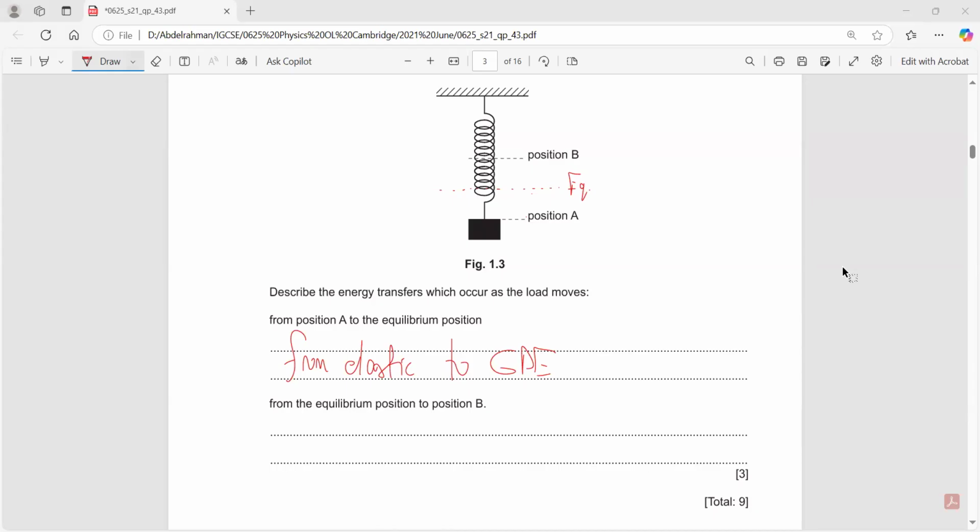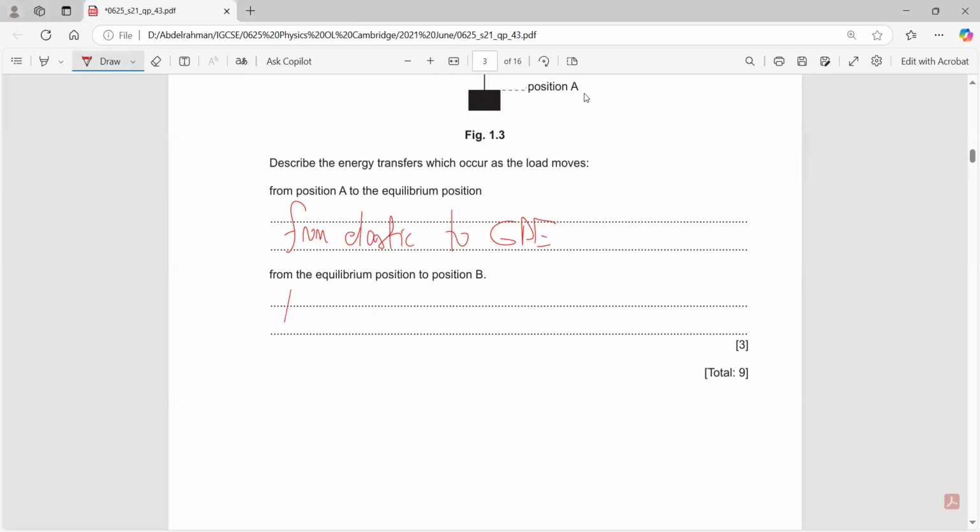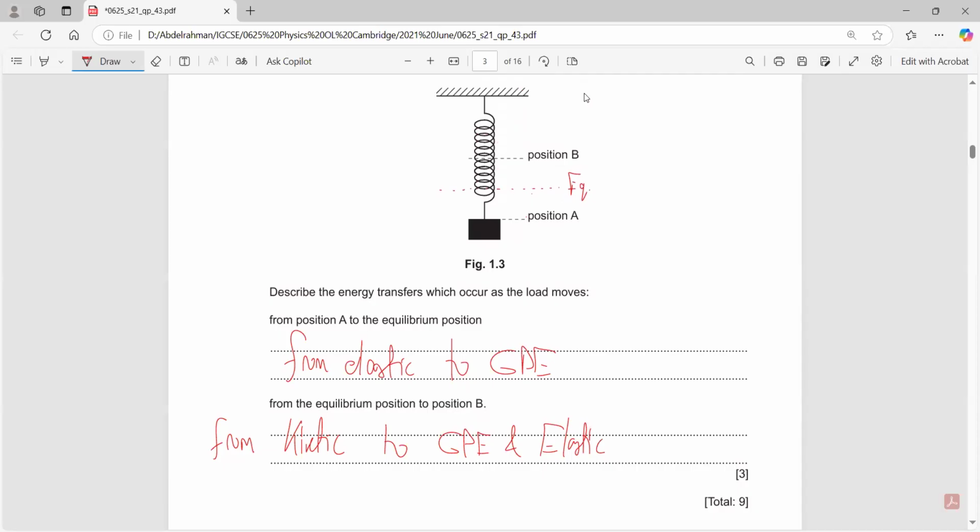So you can say kinetic energy is converted to gravitational and elastic potential energy. Why elastic potential energy? Because it's being compressed. As you move upwards at position B, it's being compressed, so it has more elastic potential energy.